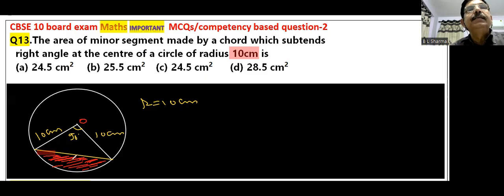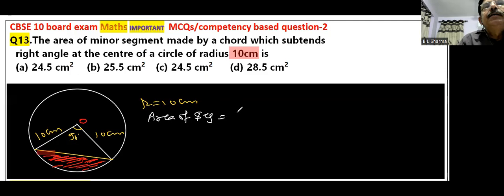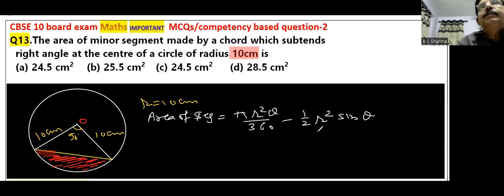This red shaded portion का area हमें find out करना है। हमें पता है the area of a segment of a circle is given by pi r square theta upon 360 minus 1 upon 2 r square sin theta.